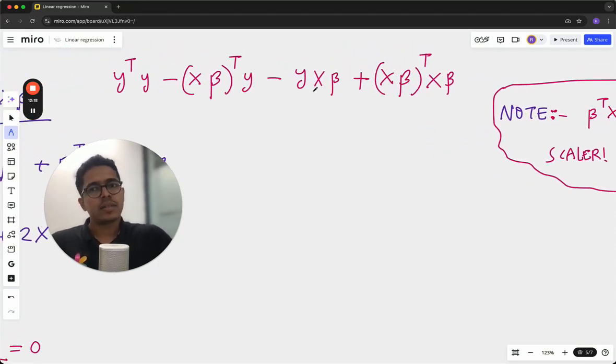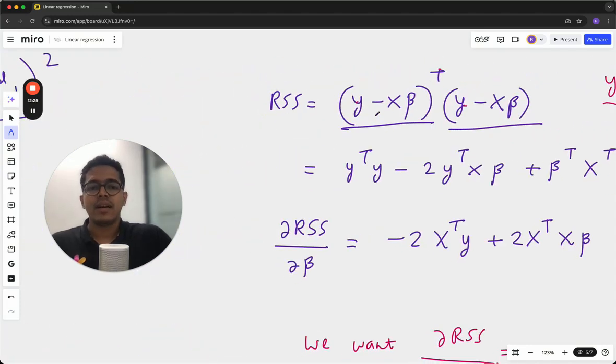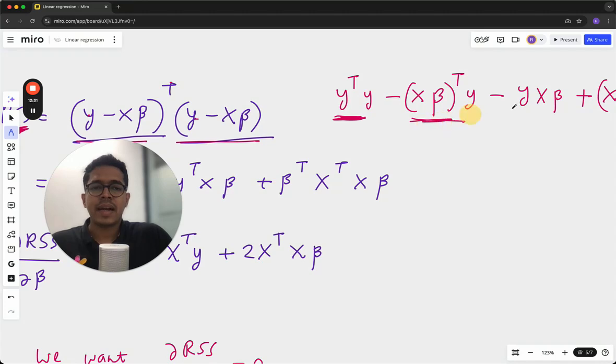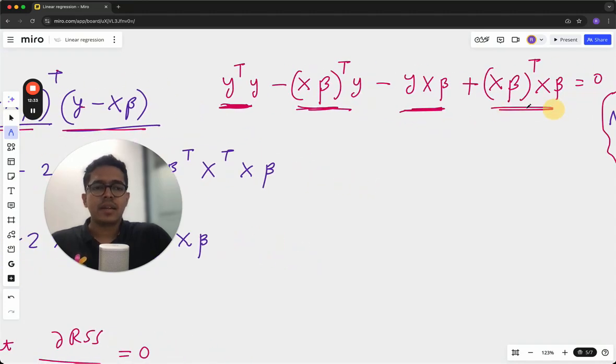Now just look at this. What is each of these individual terms, or this entire term as such? This is a scalar. Although these are individually matrices, this is a scalar. So every single individual term that is being added or subtracted here is a scalar. So y transpose y is a scalar.